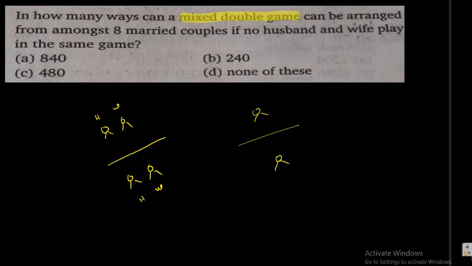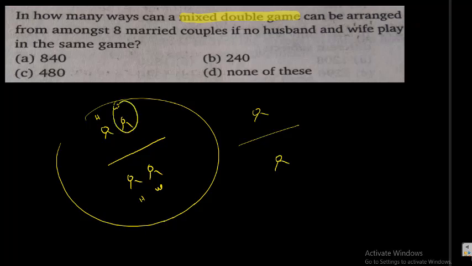But according to our problem, it is arranged from amongst 8 married couples if no husband and wife play in the same game. So in this game, this girl can't participate and this girl also can't participate. If these 2 boys are participating in the game, these 2 girls can't participate in the same game. That is the condition.